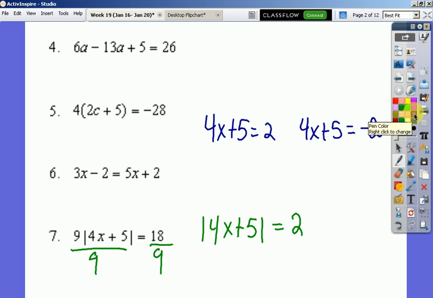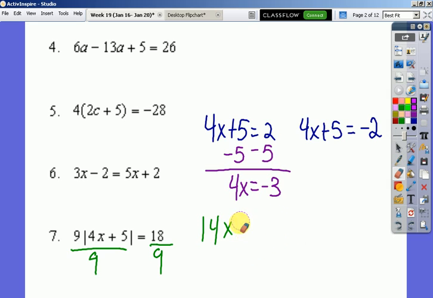So we're going to subtract 5 and subtract 5. We have 4x equals negative 3 for one of them. And when I divide by 4, what do I get for the value x? Yeah, negative 3/4.